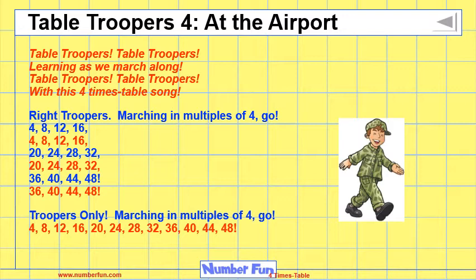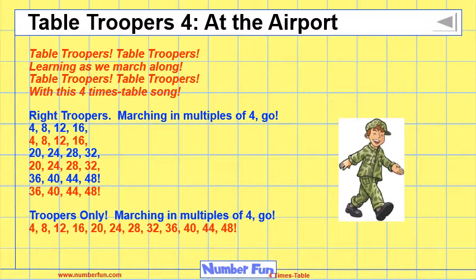Table troopers, learning as we march along. Table troopers, with this 4 times table song. Right, troopers, marching in multiples of 4. Go! 4, 8, 12, 16, 20, 24, 28, 32, 36, 40, 44, 48.